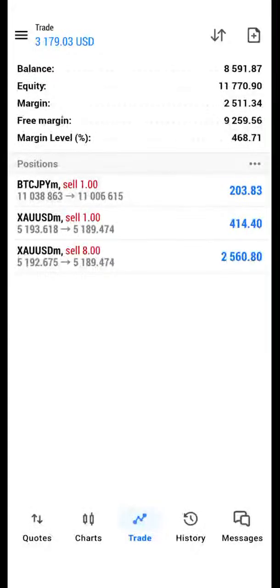Now it's almost 8 o'clock, so technically the London session is open, because this is currently UK, using London time. 8 o'clock is almost around the corner, so I trade the London session and I trade the New York session. So what I do is predict the next candle of 4 hours.